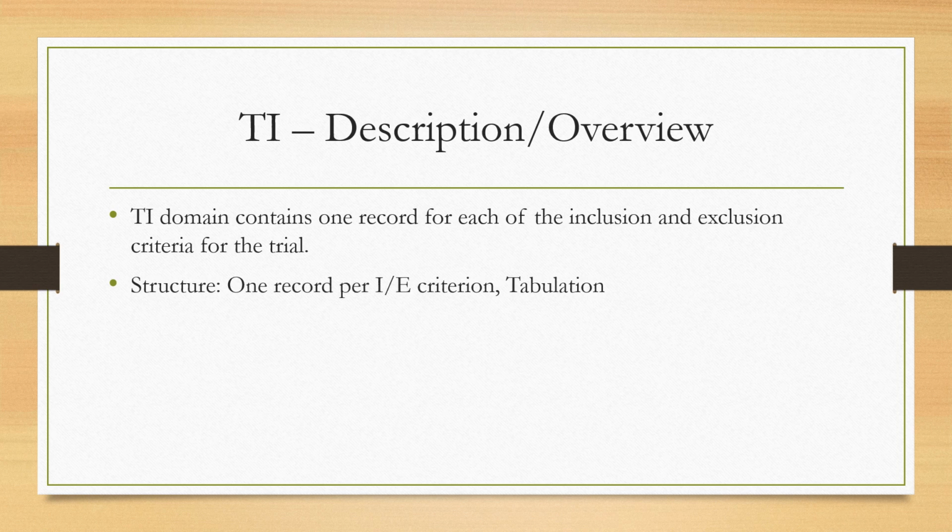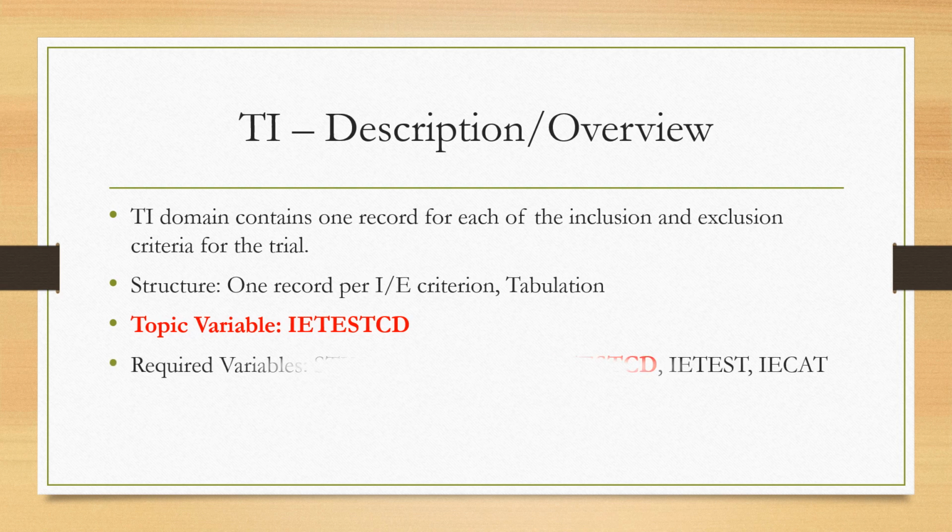The structure of the TI domain is one record per inclusion exclusion criteria. The topic variable is the TSCD, which is the same as the inclusion exclusion domain, which is the I domain. The required variables are study ID, domain, the topic variable, which is the TSCD, then the test and cat.